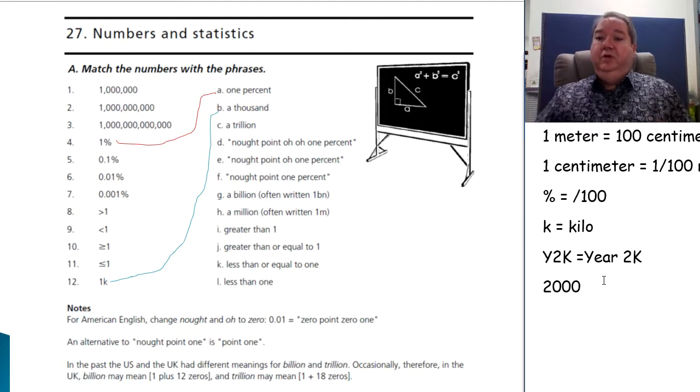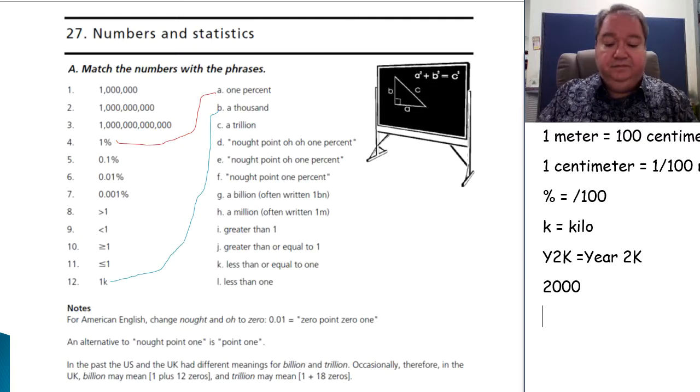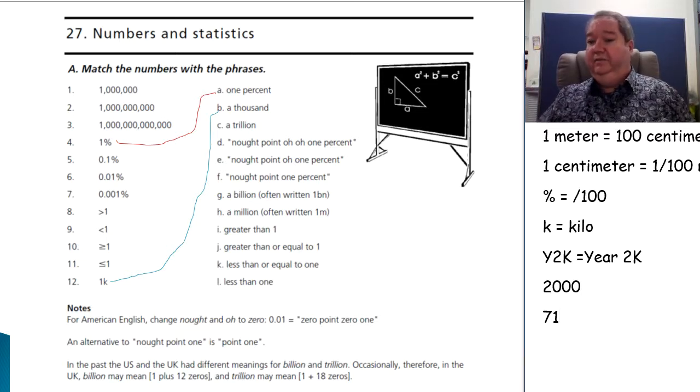Well, when computers were invented, when they were developed, back first in like the 1950s, 60s, when they were designing these things, the year only used 2 digits. For example, 71 would be 1971. Or 99, 1999. Well, what was going to happen in the year 2000?